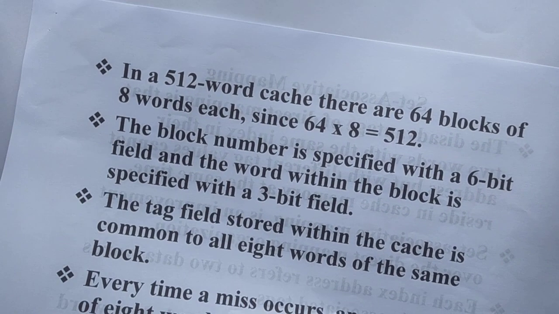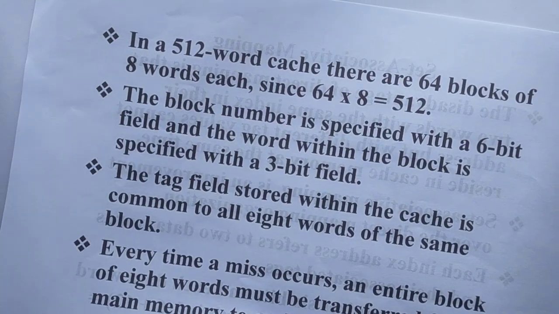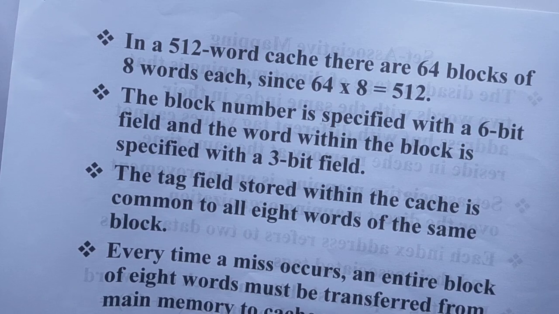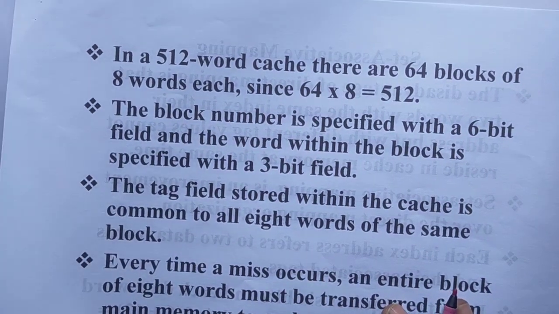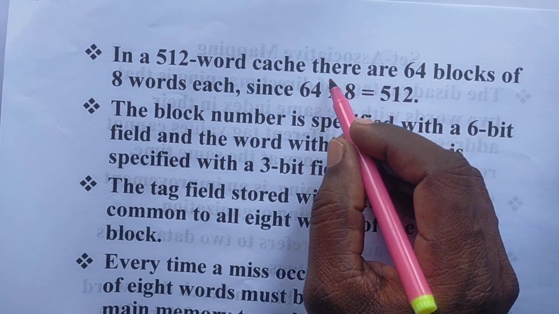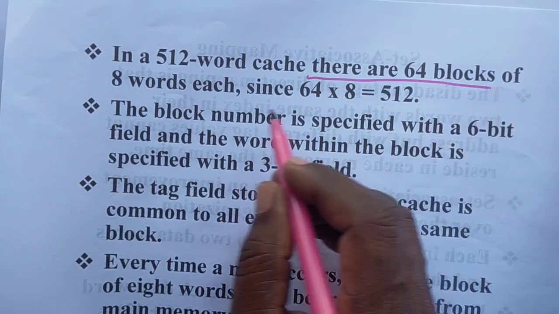So now you see another part, how it is defined. In a 512 word cache, we have already discussed this, we consider a 512 word cache. There are 64 blocks.